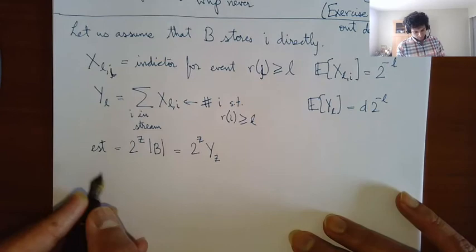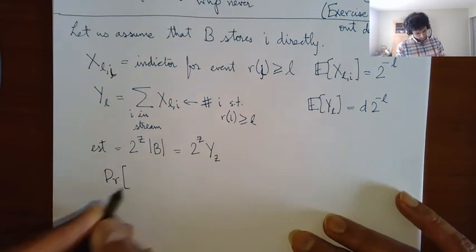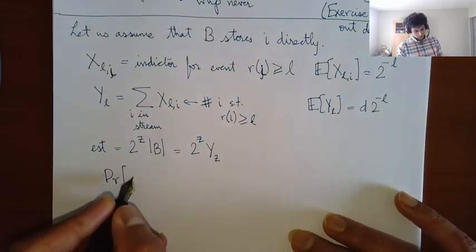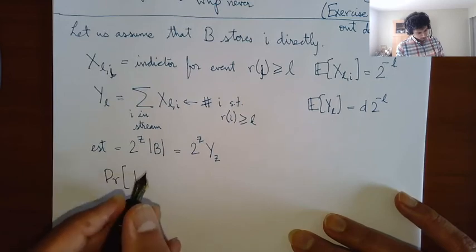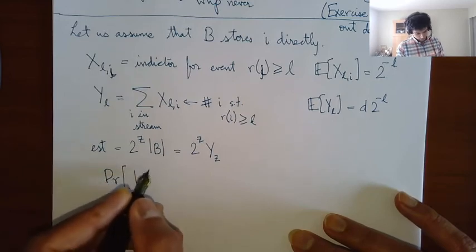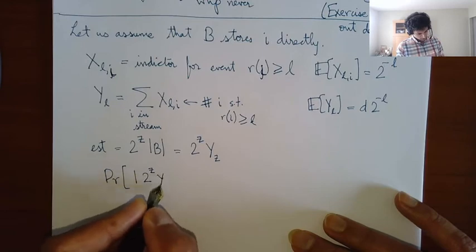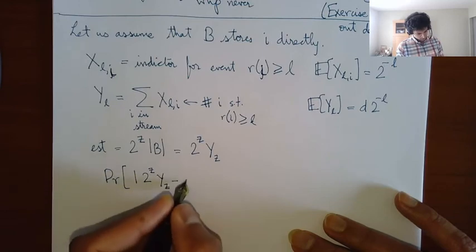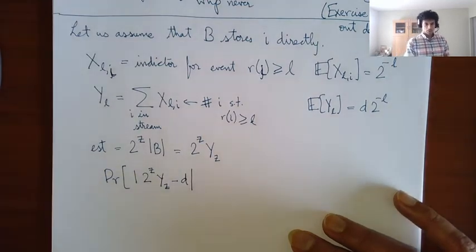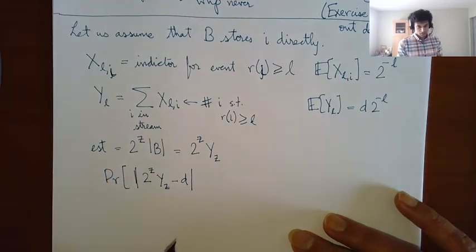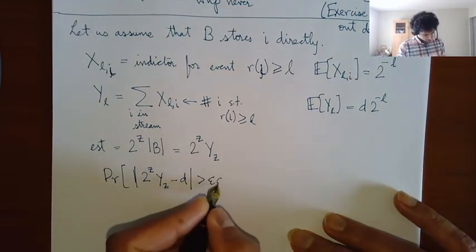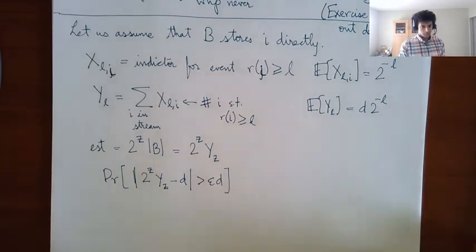Now we are interested in the probability that 2 to the z times Y_z minus d is at least epsilon times d. That's what we want to look at.